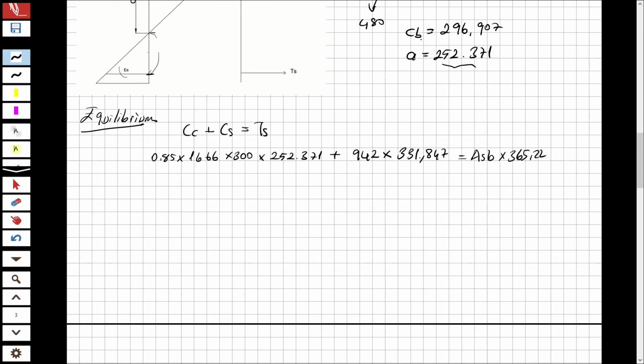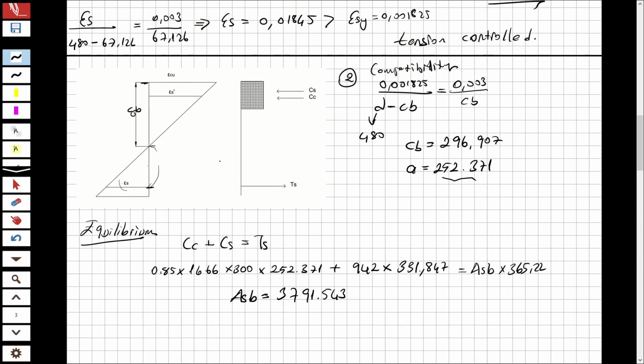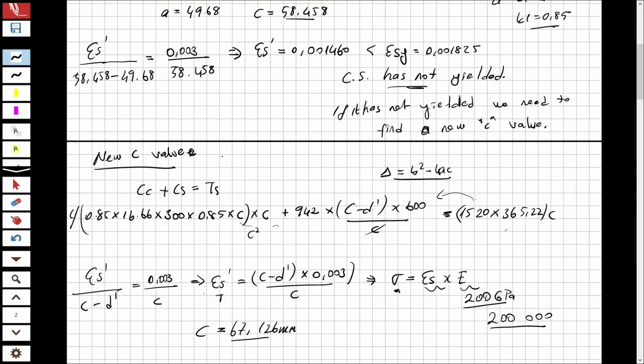So from this we are going to obtain ASB equal to 3791.543. Now this is the balanced steel area. So let's compare the balanced steel area. What is AS? We are going to compare AS with the balanced steel area.